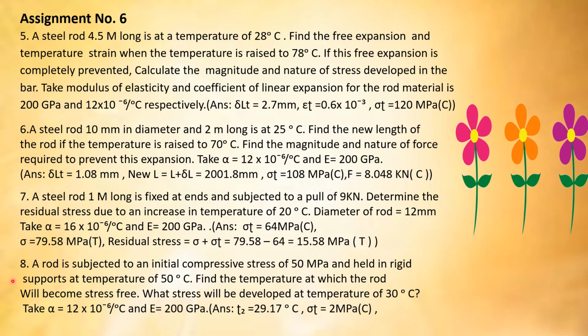Take alpha equal to 12 × 10^-6 per degree Celsius and E equal to 200 GPa. The answer: the temperature at which it will become stress free is 29.17, and the stress developed at 30 degrees will be 1.99, or it can be taken as 2 megapascal.